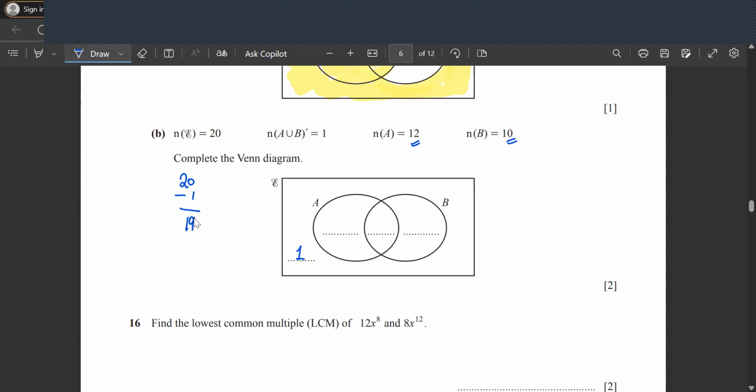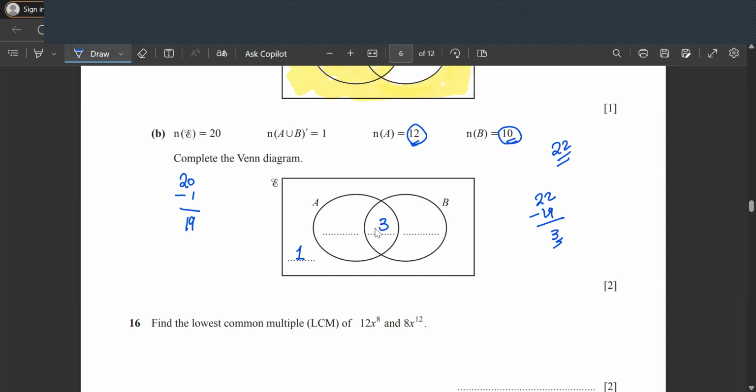I have 19 seats, and 12 plus 10 equals 22. So how come 22 will sit on 19 tables? That means some of them are sharing tables. So 22 minus 19 equals 3.